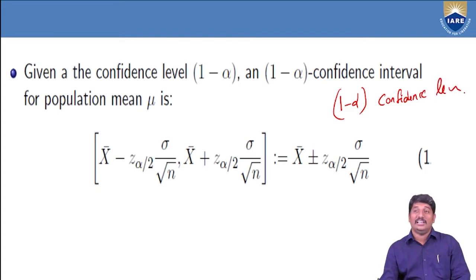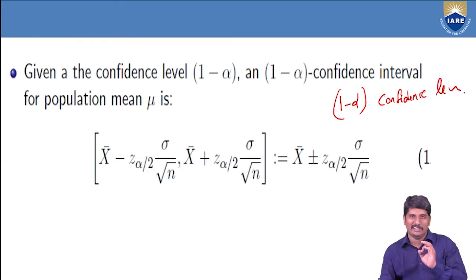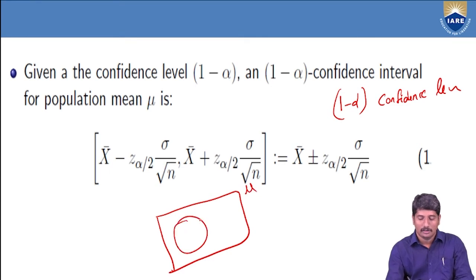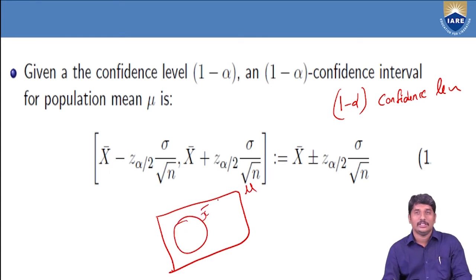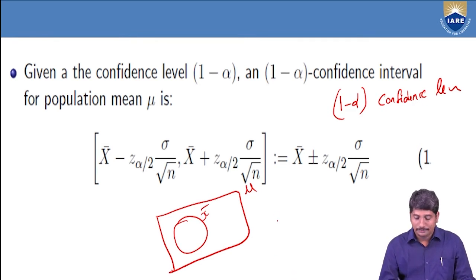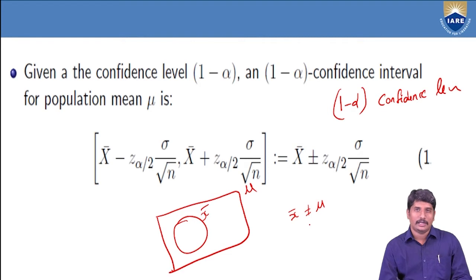What do you mean by the level of confidence? When we are trying to estimate the population parameter mu with the help of the sample statistic x bar, generally there will be some error. X bar need not be exactly equal to mu.